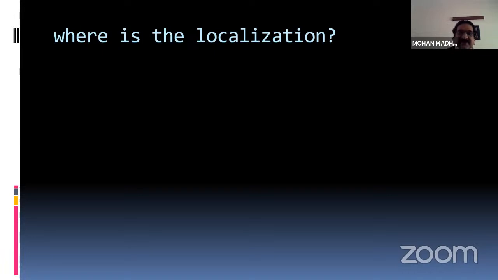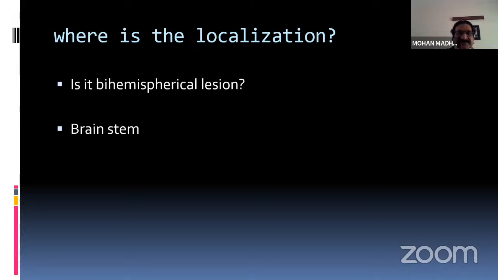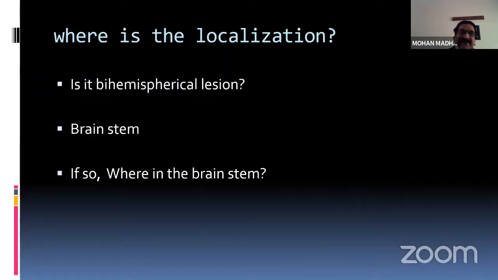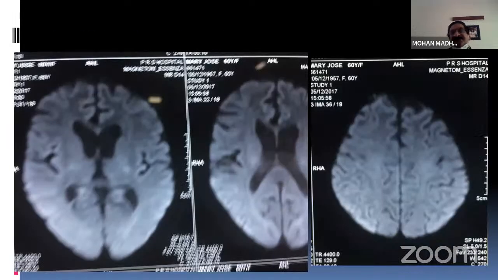Okay, so let's go to it: is a bihemispherical lesion possible? Brainstem? If so, where in the brainstem? Let's see the MRI of the brain. There is no lesion in the hemisphere. So the possibility of a bihemispherical infarct, this presentation is more common in a person who had an infarct earlier, not coming with another infarct on the other side.